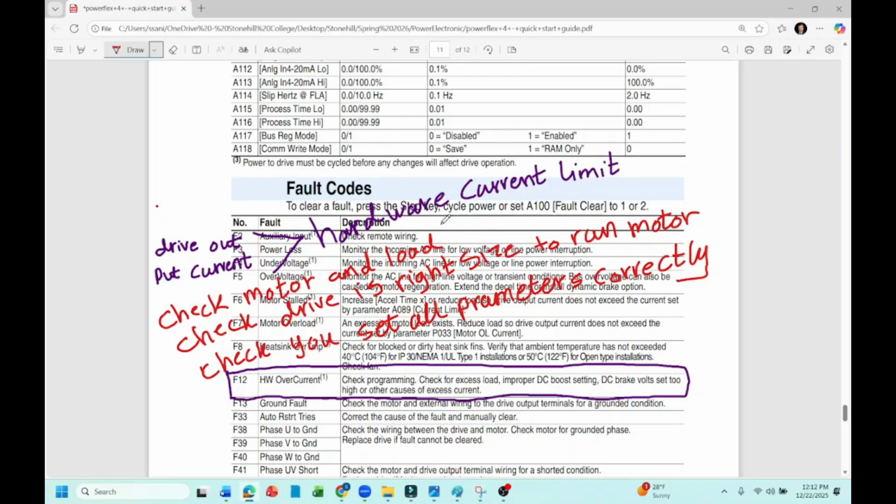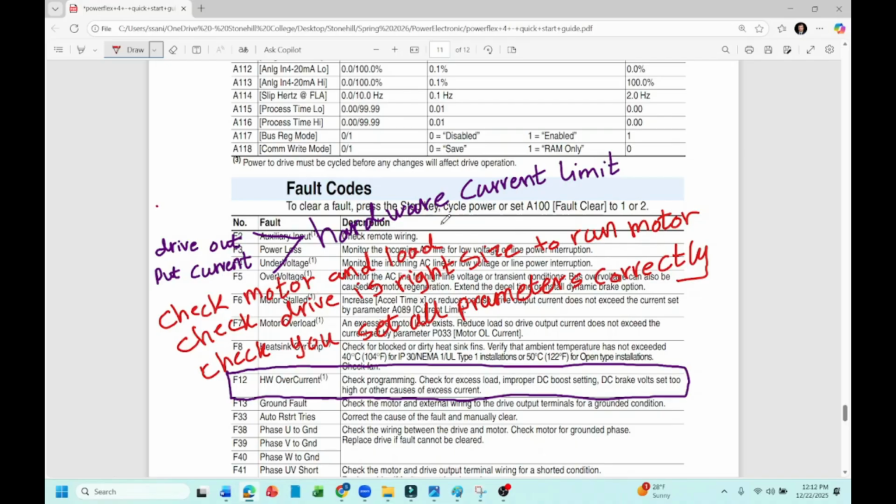So check the one that you have on the plate of your motor. Then check the drive, the plate or label that you have, and make sure the drive is the right size to run your motor based on the information you have on the motor plate. Also make sure you set all parameters of the VFD correctly.